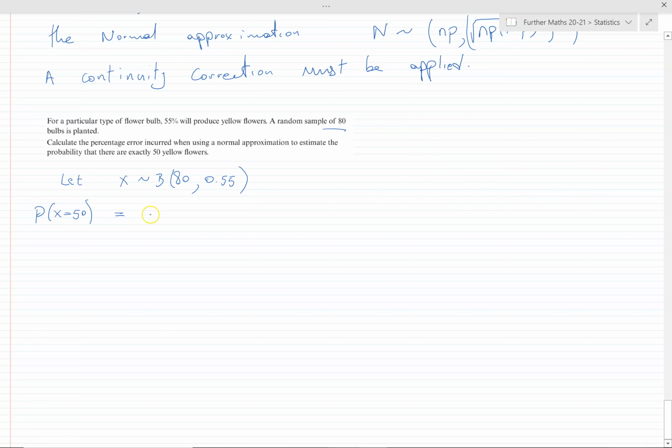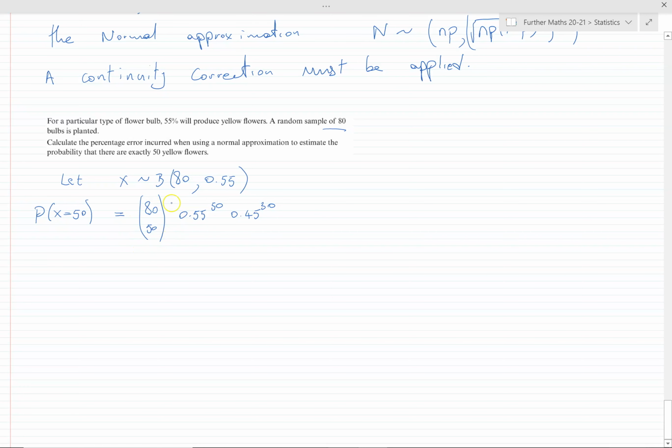So we've got 80C50 times 0.55 to the 50, if we have 50 successes, in other words they're yellow, then we have 30 that are not yellow, and the probability of that is 0.45.